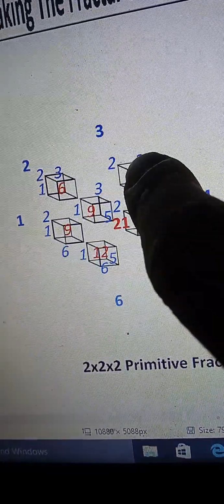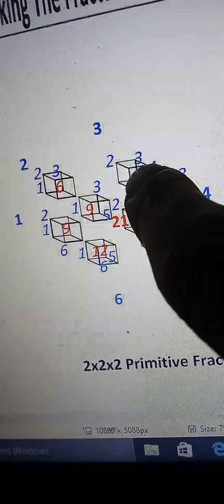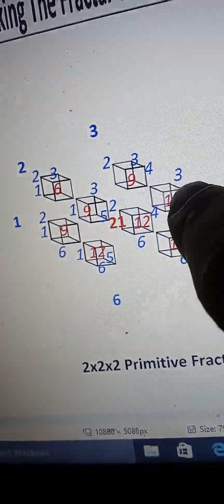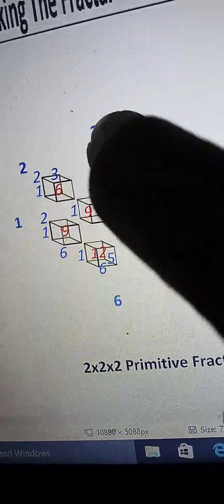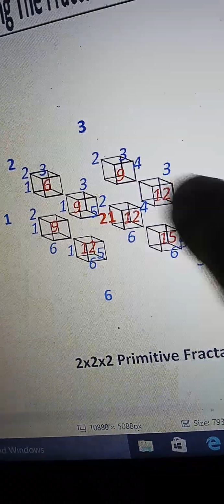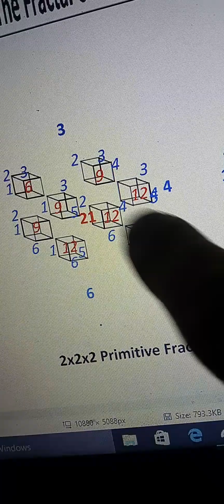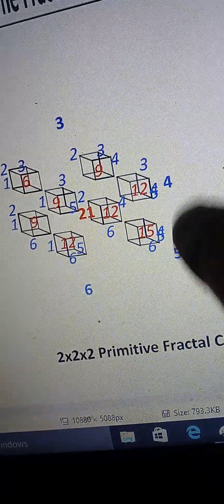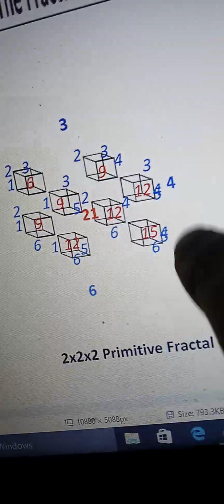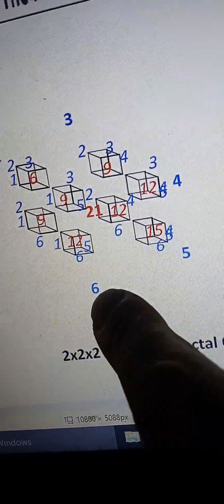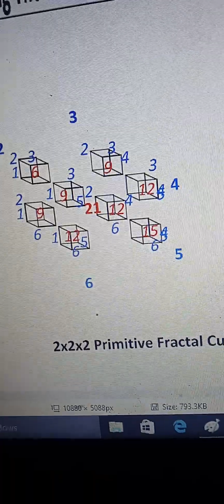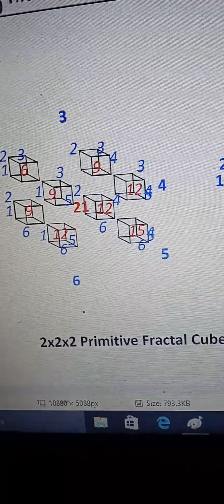You give each one the value 2 of those faces facing it of these cubes. 3, you give the value 3 to each one facing 3. And these faces for the 4 primary number. These faces 5. And down here these faces 6 for the 6 primary number. So that's fractalizing a cube on a 2 by 2 by 2 primitive fractal cube.